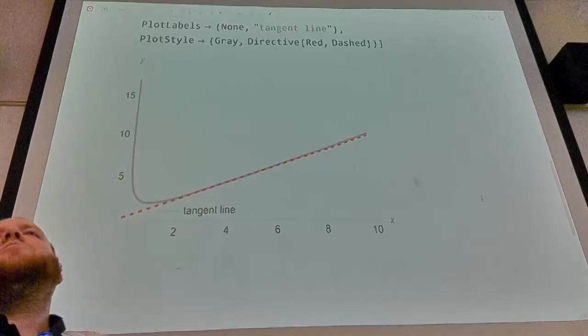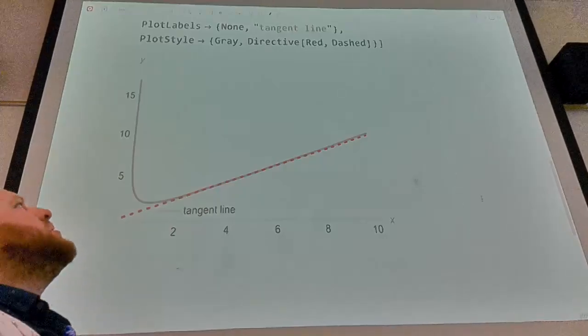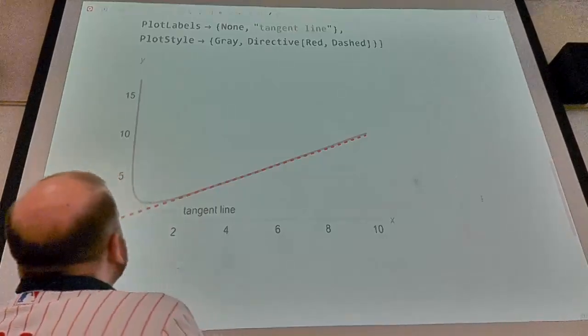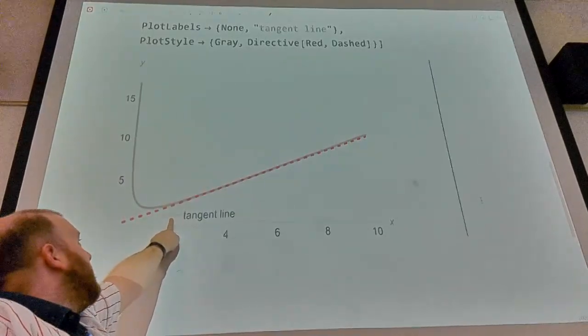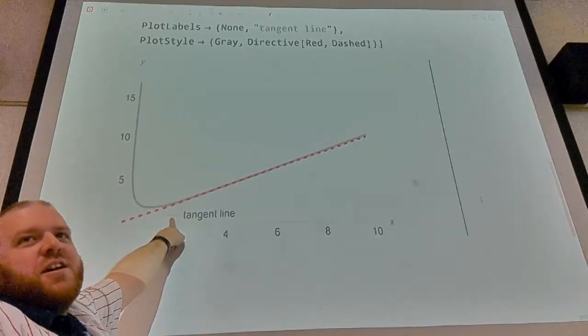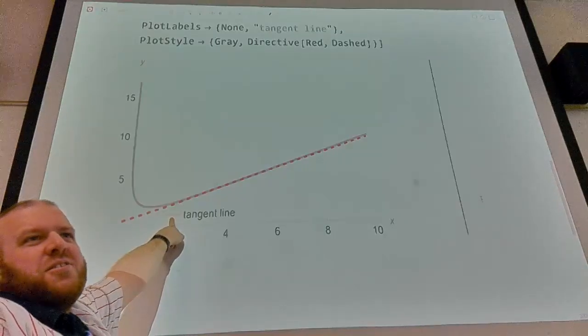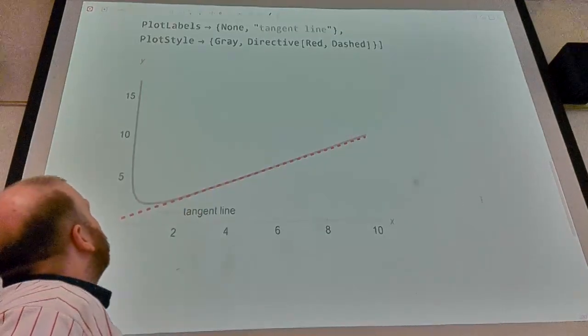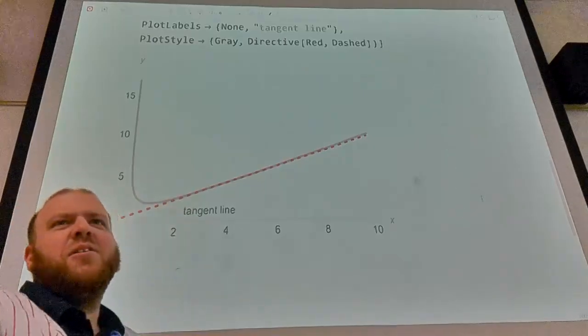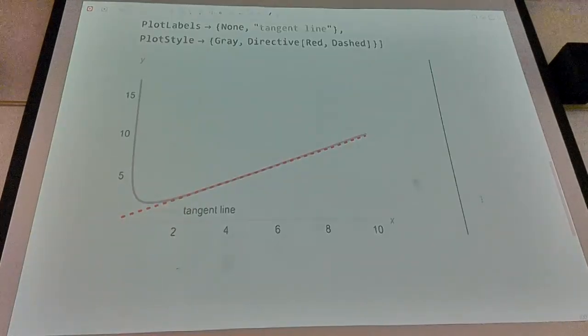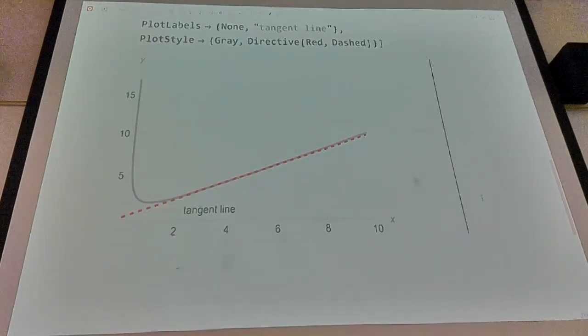Okay, so that's supposed to be gray. That line's supposed to be gray, not a bright pink. I'm starting to see there's a little bit of pink in that gray as well. Interesting.